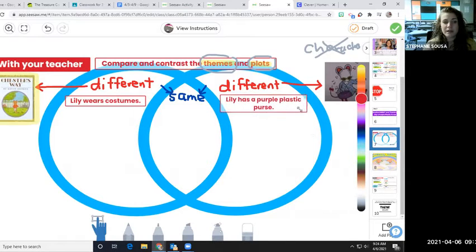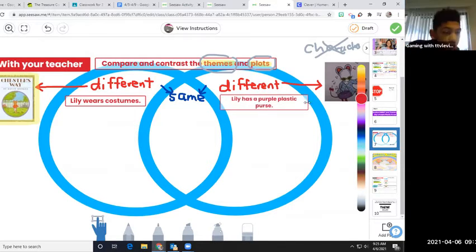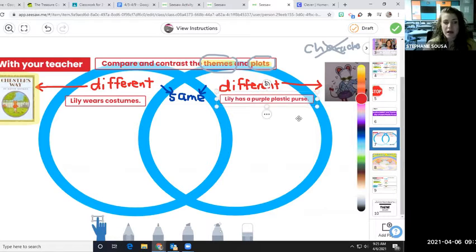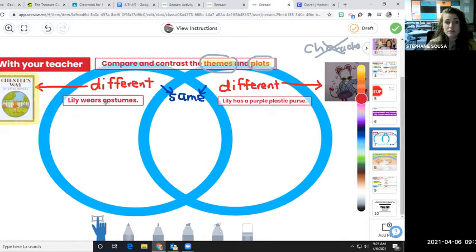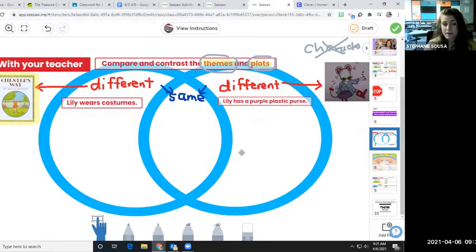Now look what we've done. We have shown what is different about what the characters have inside of the story. And these items are very important because they completely are involved in the story. Lily's costumes saved the boys and started their friendship. Lily's purple plastic purse was the whole reason we had a story.